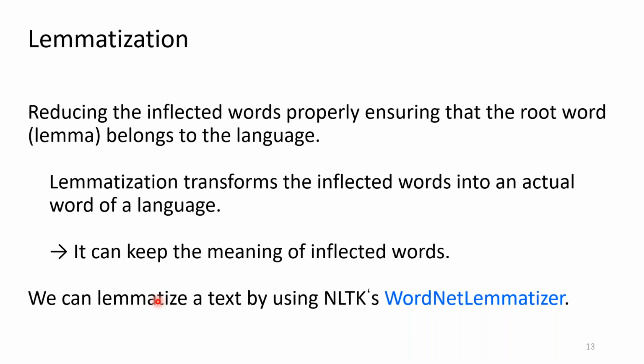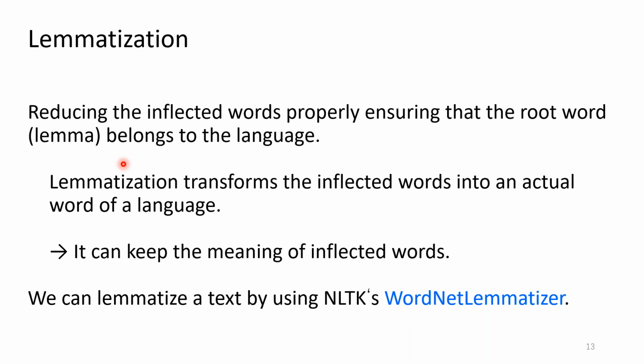Instead of just chopping off part of the word, lemmatization transforms the word into a base form, that is, its dictionary form. Unlike stemming, lemmatization transforms inflected words into an actual word of a language. So it can keep the meaning of inflected words and the semantic difference between superficially similar words.